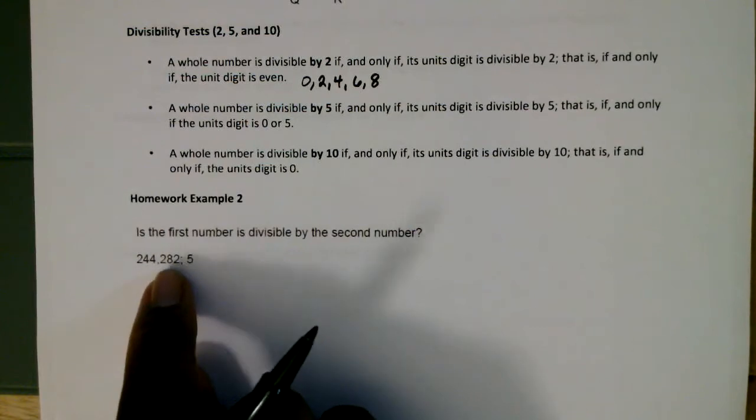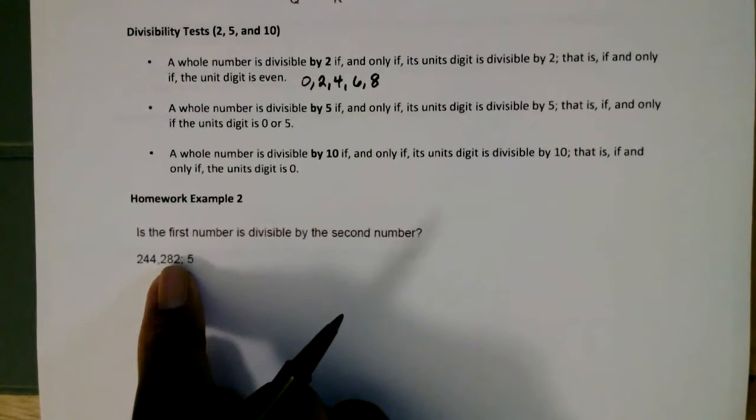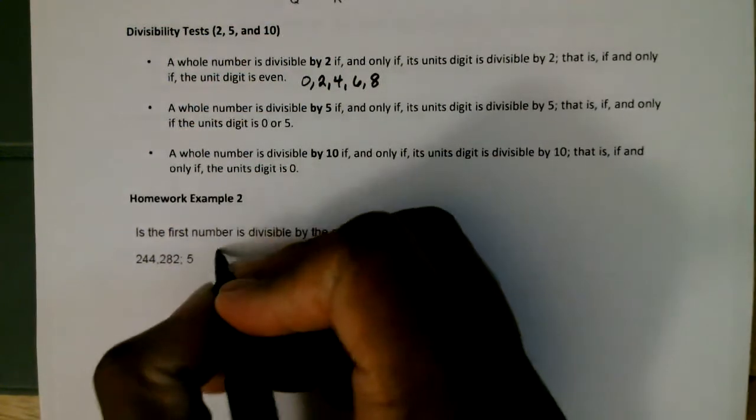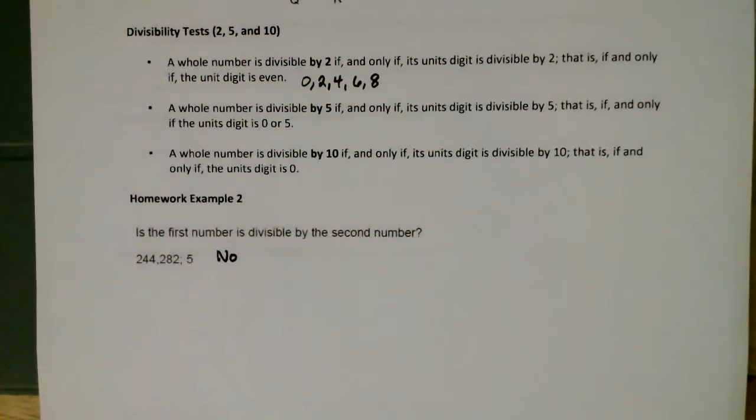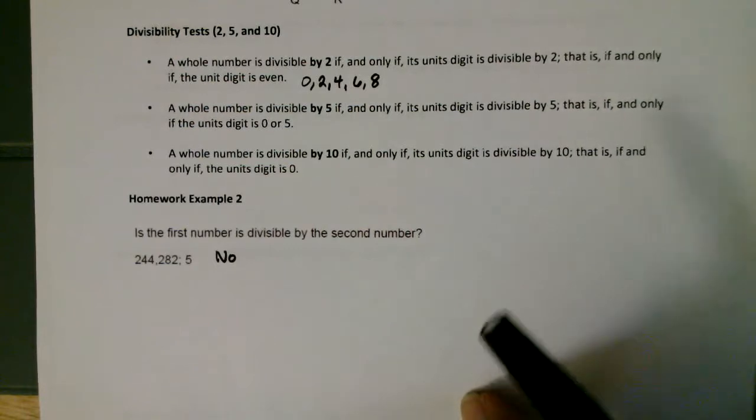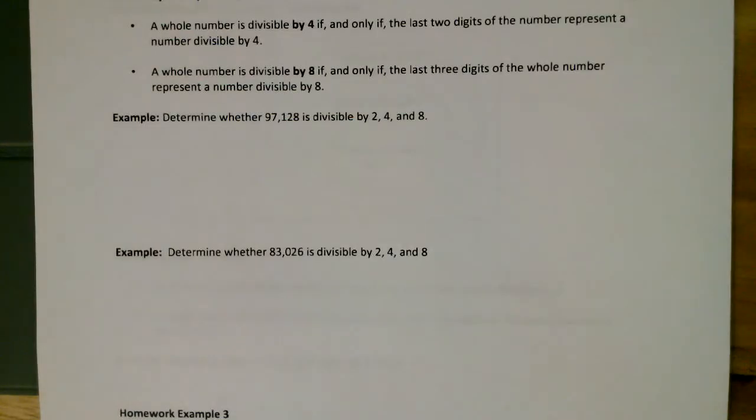In 244,282, does that number end in 5 or 0? The answer is no. 244,282 would not be divisible by 5.